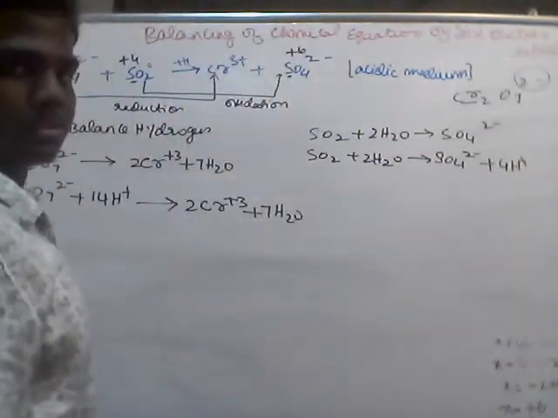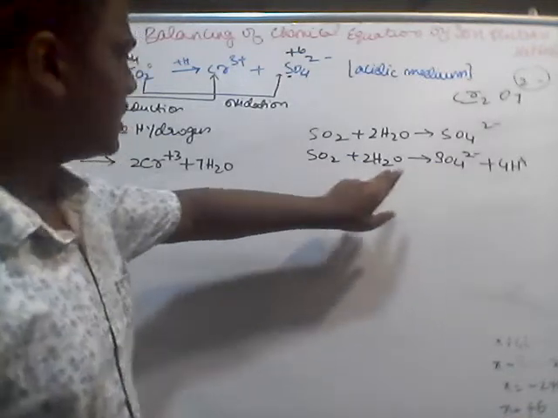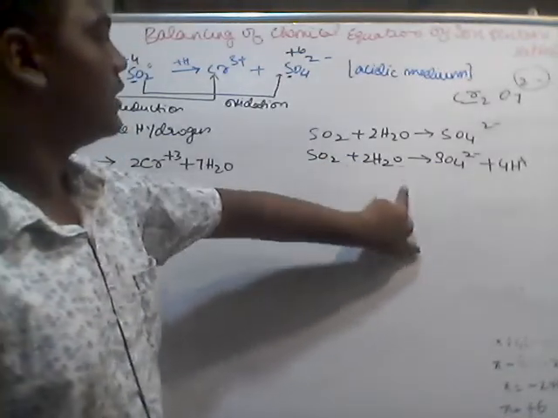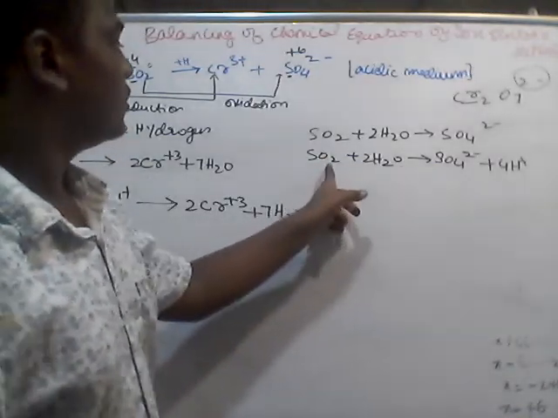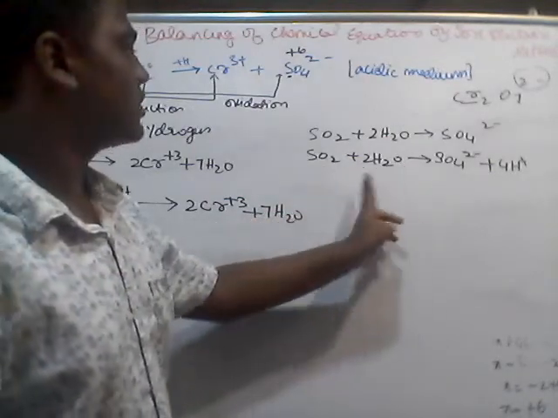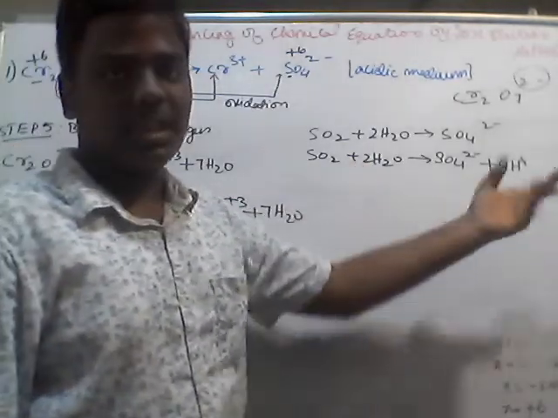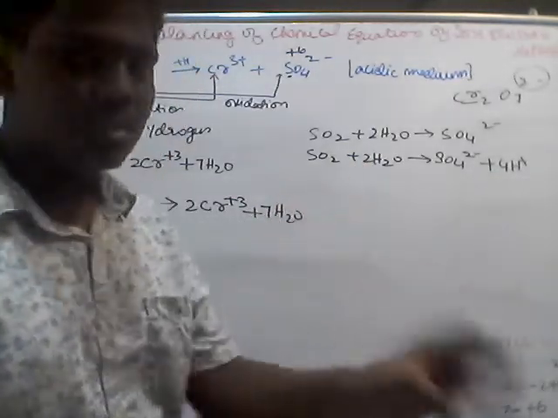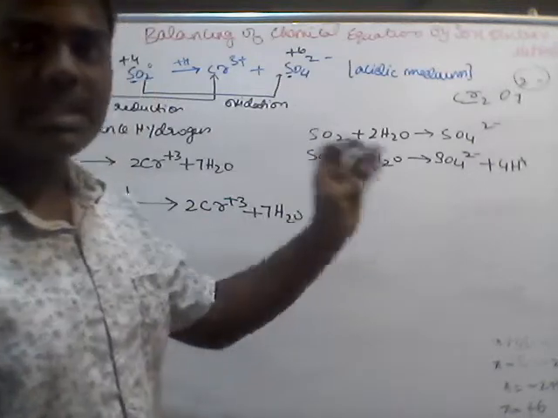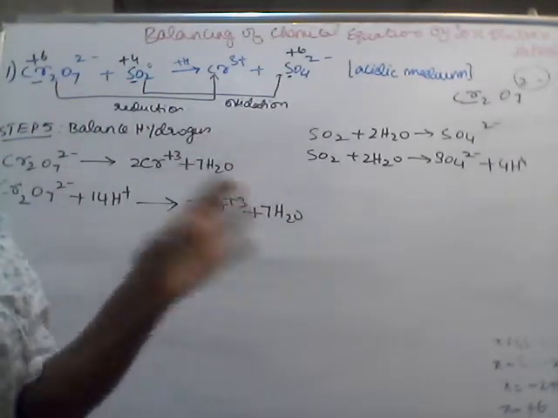Done. Here also one sulfur balanced. 2 plus 2 ones are 4 oxygens. Here 4 oxygens balanced. 2 times 2 are 4 H plus ions balanced. Sulfur is balanced, hydrogen is balanced, oxygen is balanced. Here chromium, oxygen, hydrogen all are balanced.